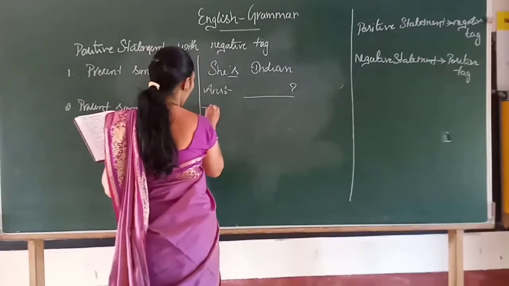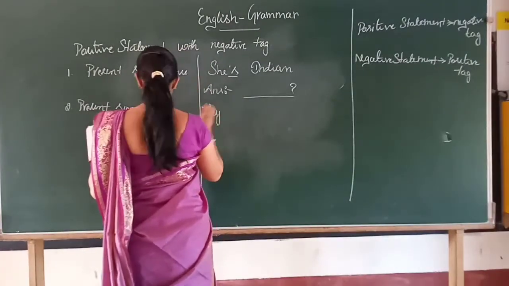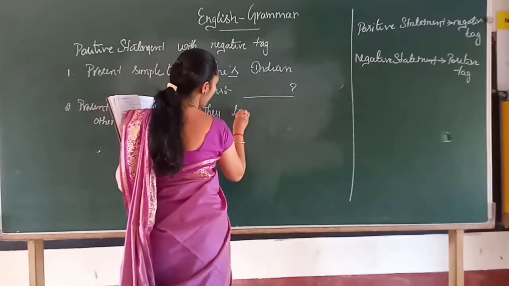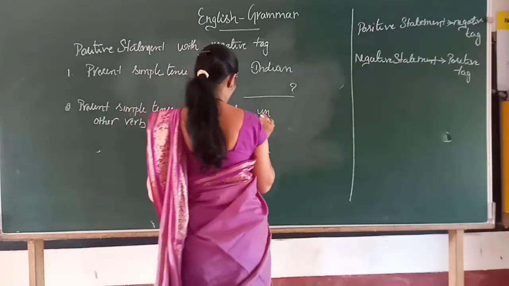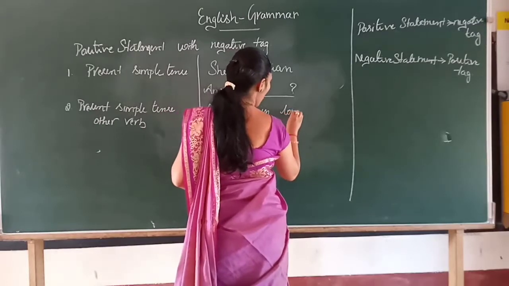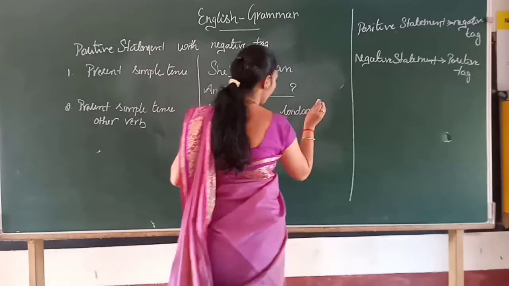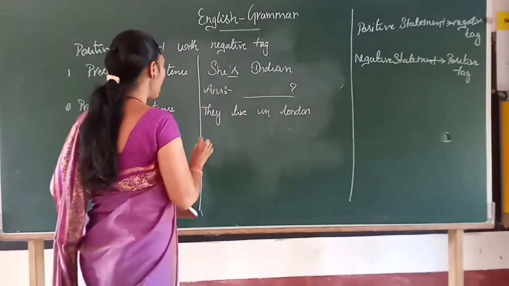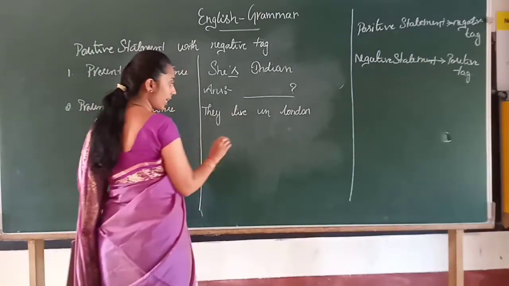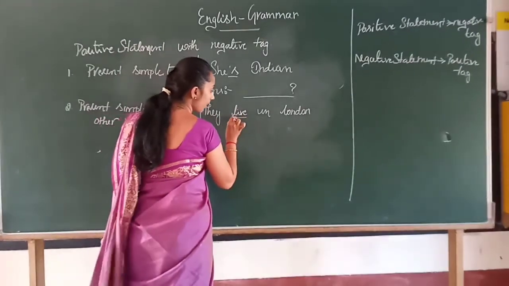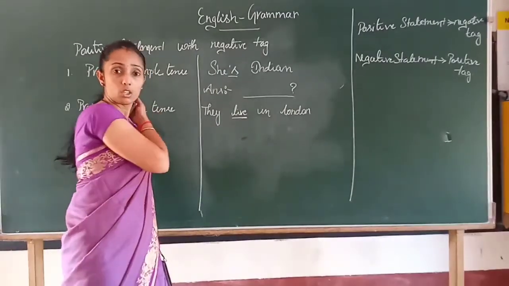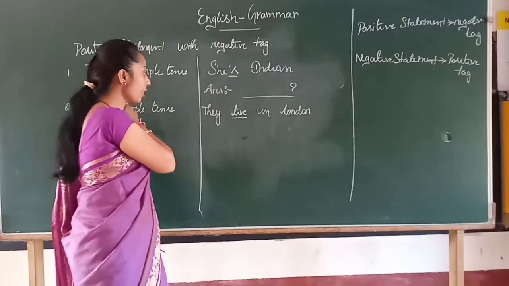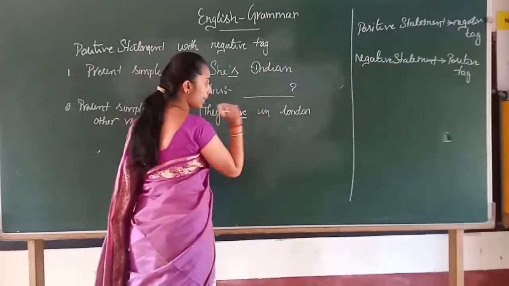See, they live in London. Okay, they live in London. Here, children, "live" is another verb, right? Is it clear, children? See, they live in London.